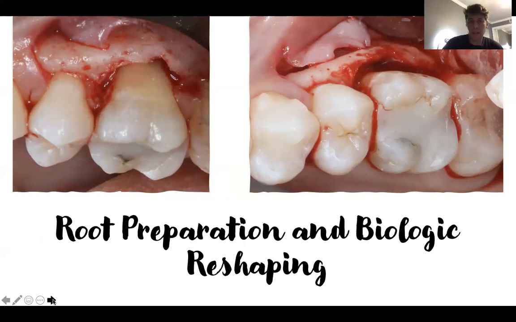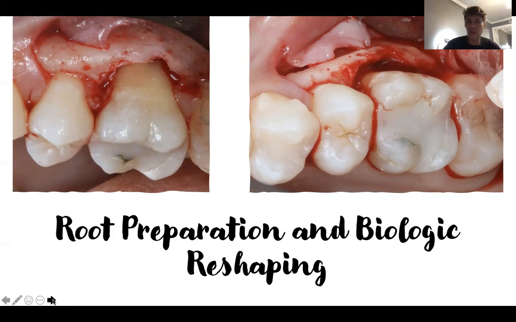So the main reason for flap reflection is twofold. One, root preparation. We need to flatten and plane the root surface with a rough diamond burr to allow for epithelial attachment. And two, I need to get into this furcation and flute this furcation to allow for biologic reshaping and biologic healing.